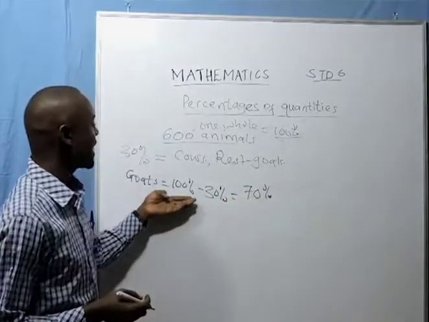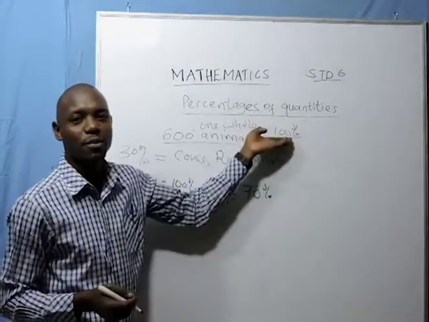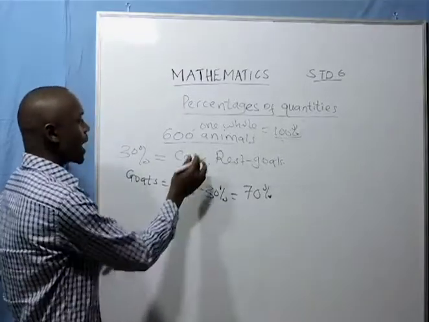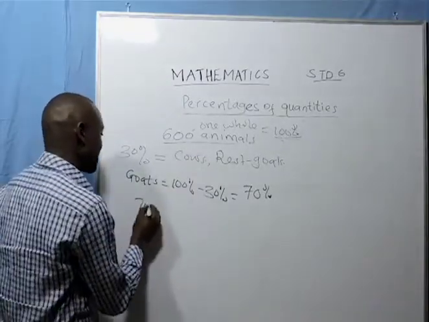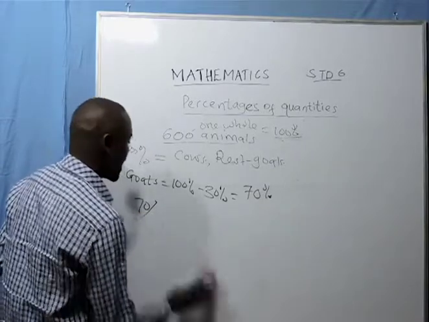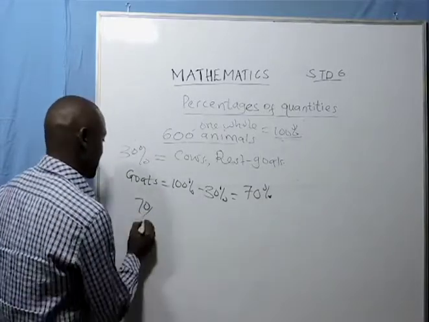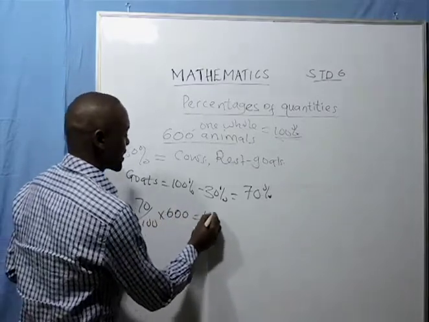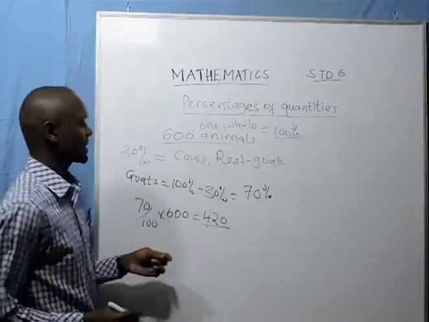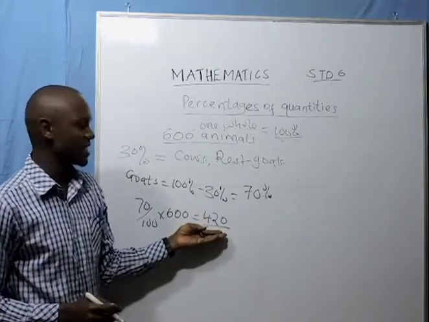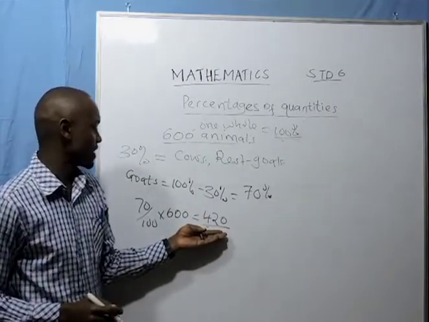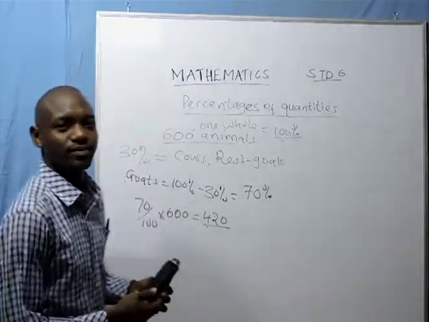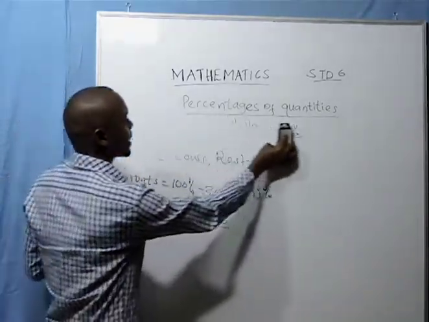It is 100%, which represents the total number of animals, minus 30%. So the number of goats will be 70 over 100 times 600, which is 420. That means there are 420 goats in that farm.